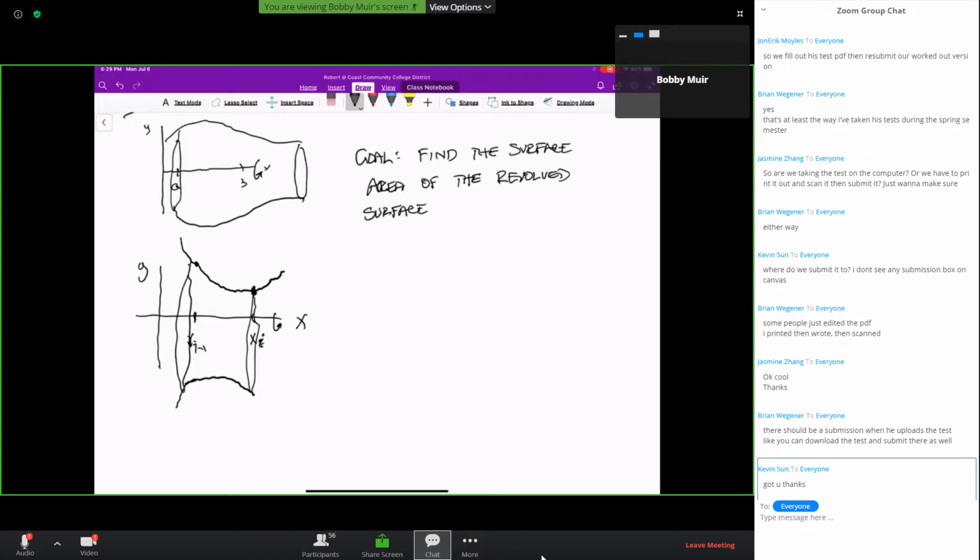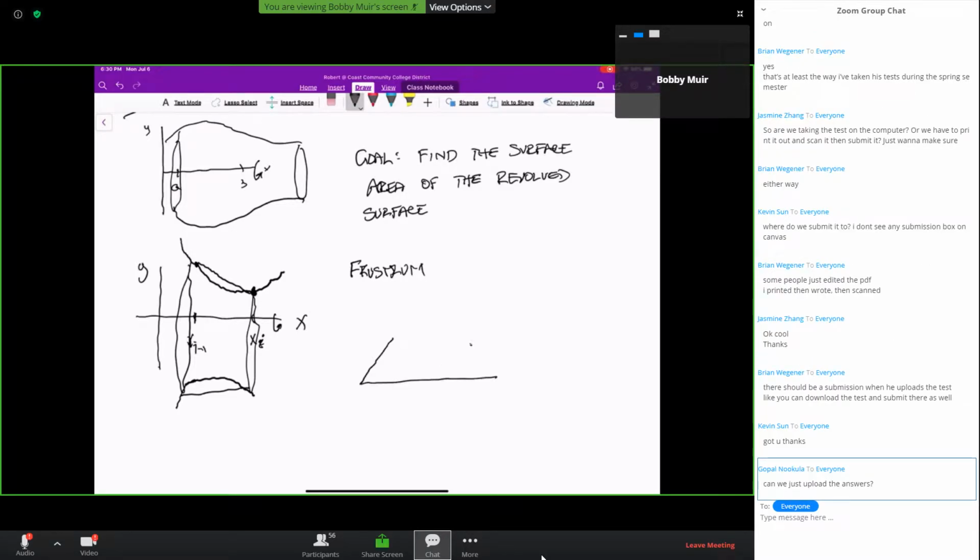So what we're going to do is approximate, helicopter again. We're going to approximate this shape with a shape which is called a frustum. What a frustum is, is if you have a cone and you lop off the top of it, you get like the base of a pyramid, or like a step pyramid or something like that.